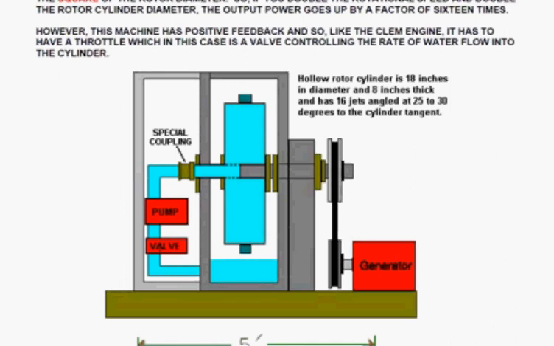It goes through your control valve, which allows you to stop it running itself to pieces. It goes through this pump and gets pumped into the cylinder. And once it gets going, you don't need the pump anymore, so the pump can be switched out. The rotating cylinder spins so hard and so fast that it actually keeps itself moving all the time.